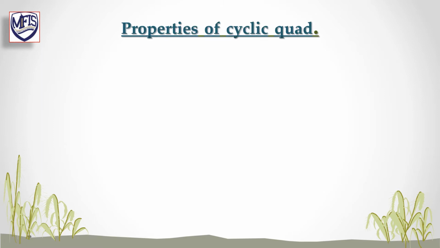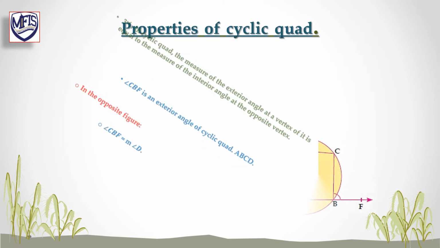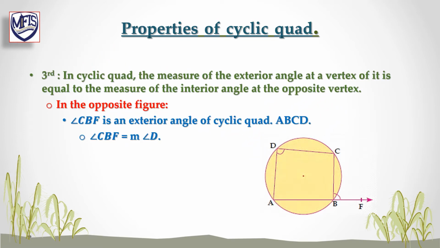Property number 3. In a cyclic quad, the measure of the exterior angle at one vertex of the cyclic quad is equal to the measure of the interior angle at the opposite vertex.